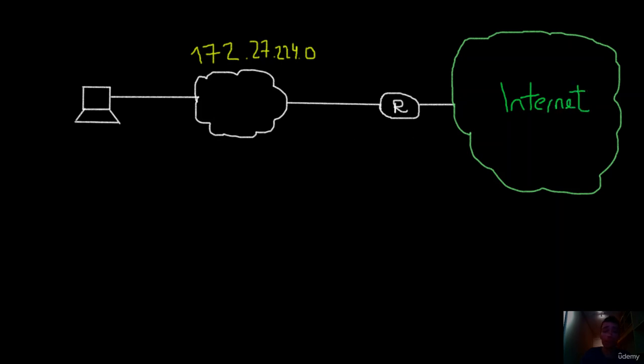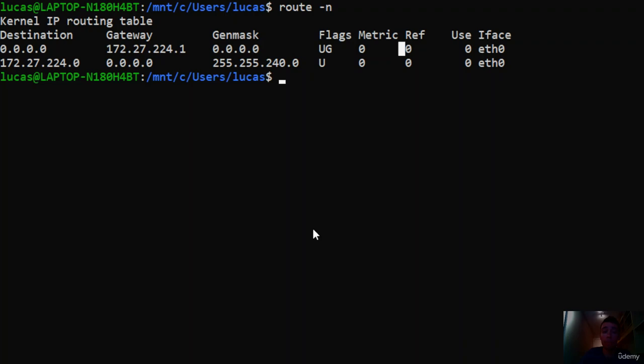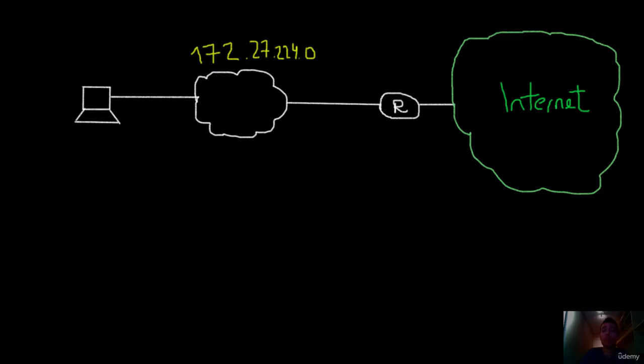Now remember, whenever we need to go to the internet, we need to pass by the router. Here, in the routing table, we see that if we want to go to the internet, we need to pass through this gateway. This gateway that we see here, point 1, is the gateway of the router, the interface of the router. So it is where we need to pass through when we need to send a message to the internet.